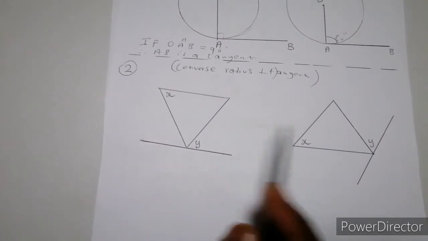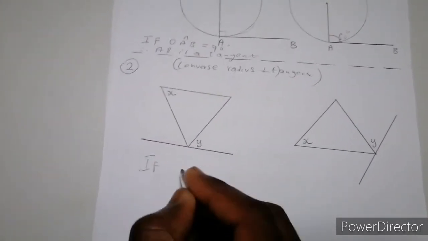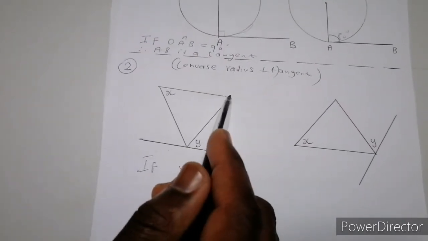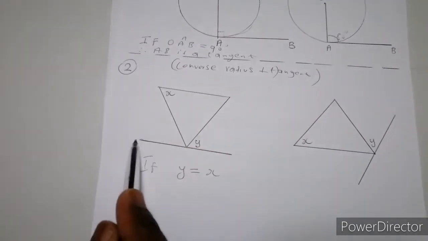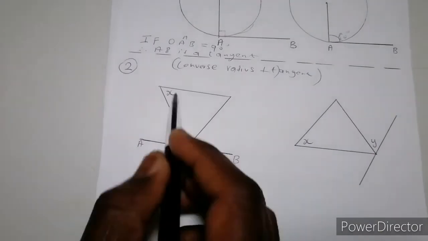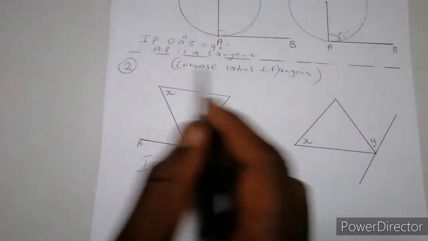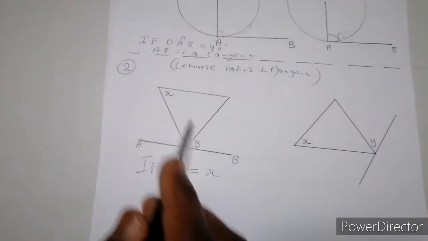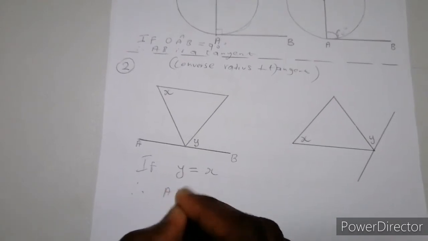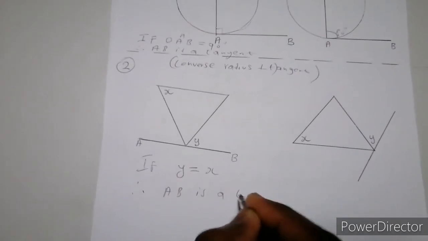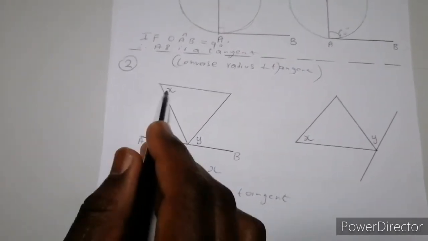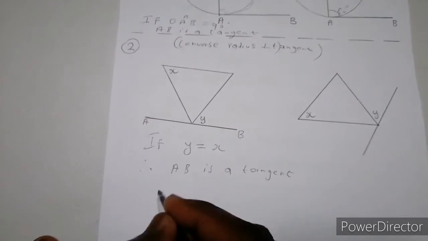if Tarncourt theorem is satisfied, if y is equal to x, if there is a circle around here passing through here and they want us to prove that AB is a tangent to the circle passing through these 3 points. Now, if these two angles are equal, therefore we conclude by saying AB is a tangent. Because Tarncourt theorem is satisfied. Then now, what is the reason?